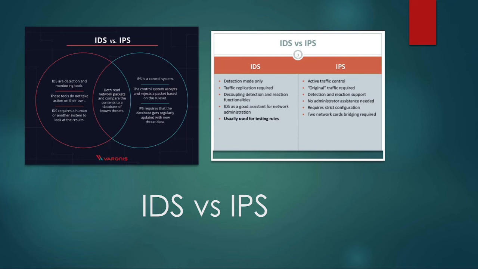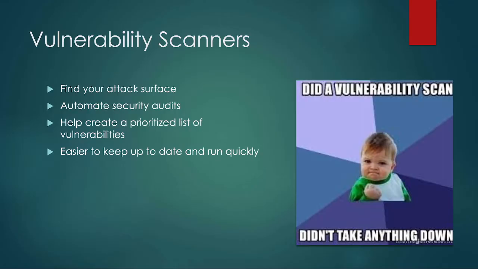It doesn't end up needing administrator support, so there's not really human interaction required. IDS does. It needs a person. It is able to work with what's going on, but nothing happens without that person interfering and working with it. So they're both useful in different ways.